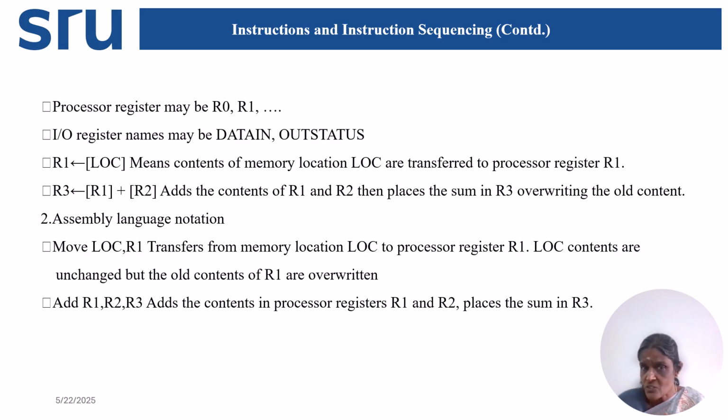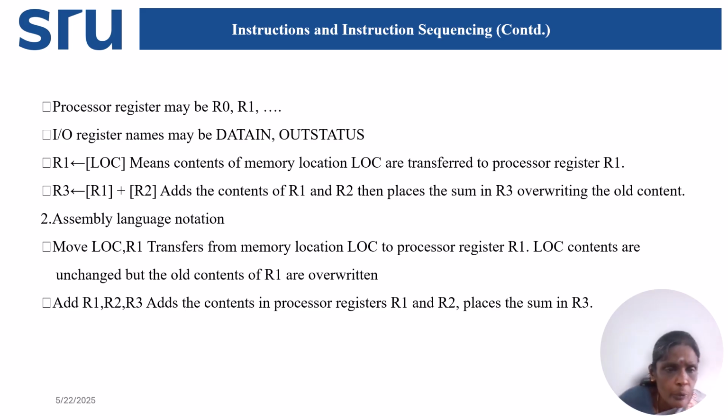For processor register, R0, R1 like that will be given. But for an IO register, data in, out status, data out. So data in means input, out status means output. In this way, these three different words indicate where the data is stored.